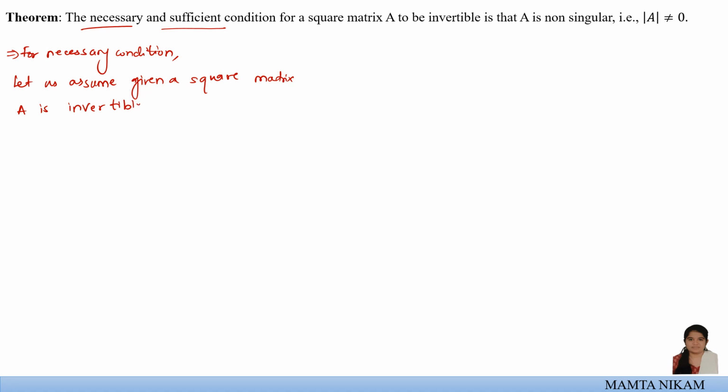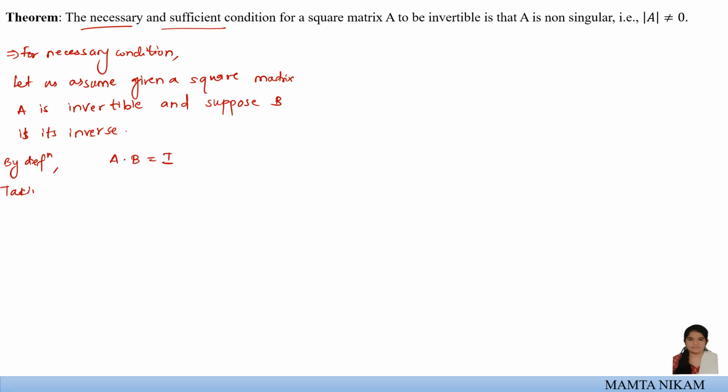Okay, let us assume it, and suppose B is its inverse. फाइन, हमने क्या कंसिडर किया, एक इन्वर्टिबल मैट्रिक्स दिया है और B उसका इनवर्स है. तो हमें डेफिनेशन से पता है, by definition what do we know? By definition we know A into B is equals to identity.